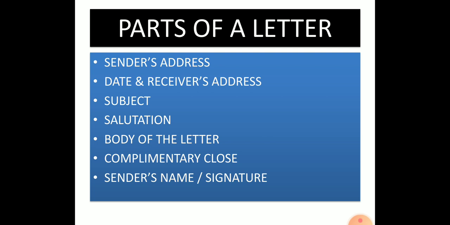Means the one who wishes to express his or her views is known as sender. Second point is date and receiver's address. Date we generally write. Receiver is the one who is going to receive the letter, for whom the letter is written.